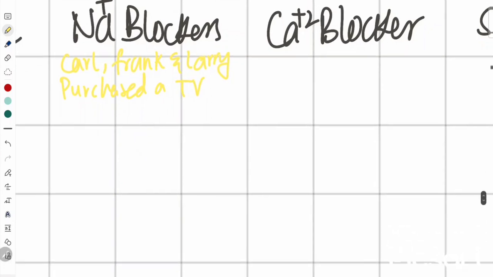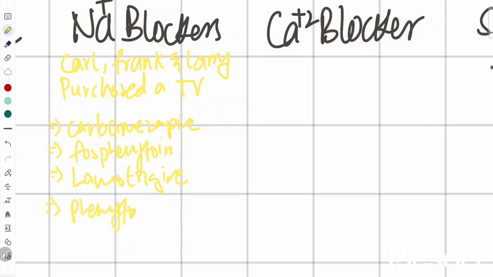Right here, Carl is carbamazepine, Frank is fosphenytoin, Larry is lamotrigine, P is phenytoin, and V is valproate or valproic acid.